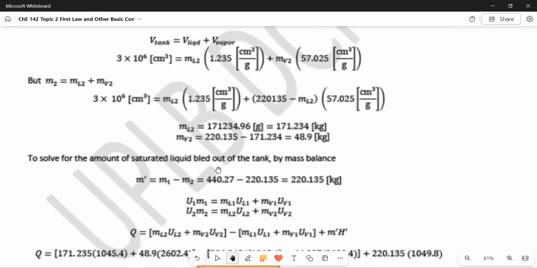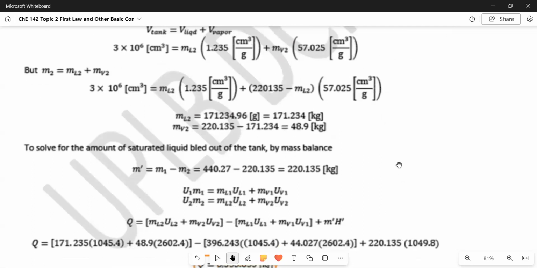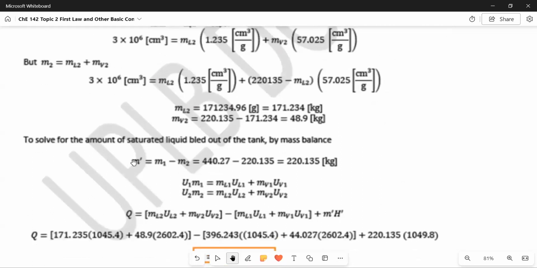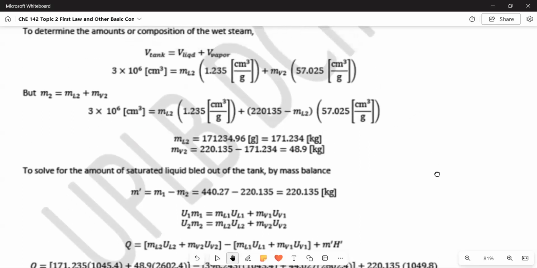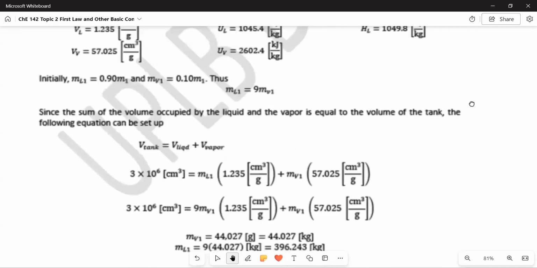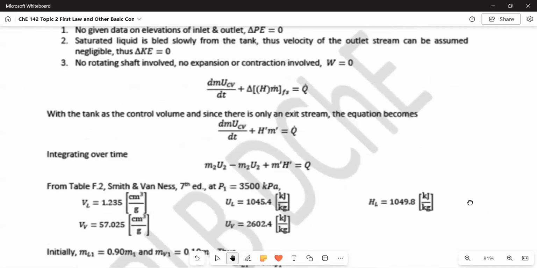Using the mass balance, of course, if it's halved, obviously, the amount of mass leaving the tank is the same as the one remaining. But this is the M prime, so this is the mass that left the tank. And we go back to our energy balance.